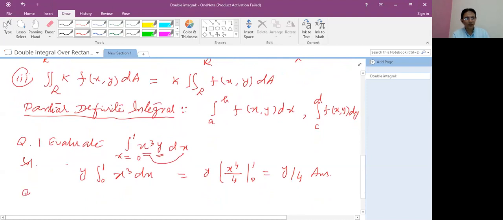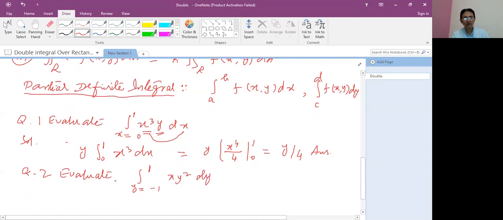Now another application: evaluate the partial definite integral with respect to y. For example, the limit of y is minus 1 to 1, and the function is x y square dy. In this way, the function depends on two variables, but we integrate only with respect to y, keeping x fixed.